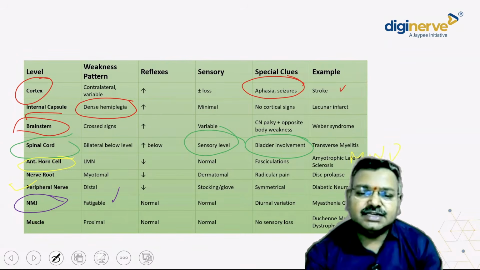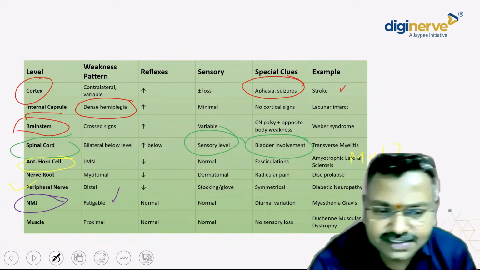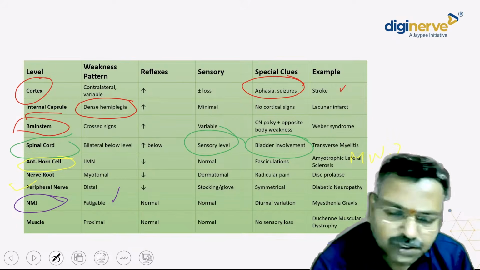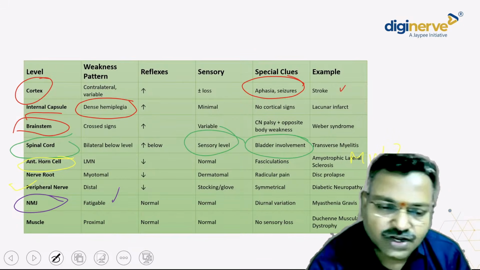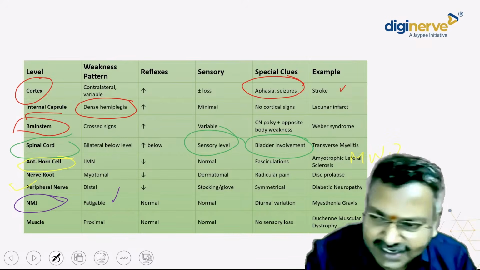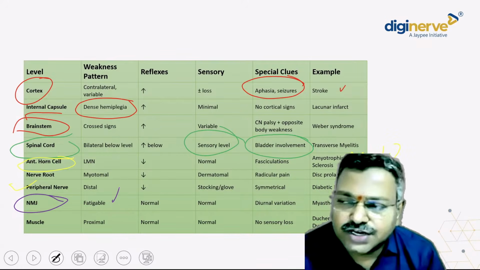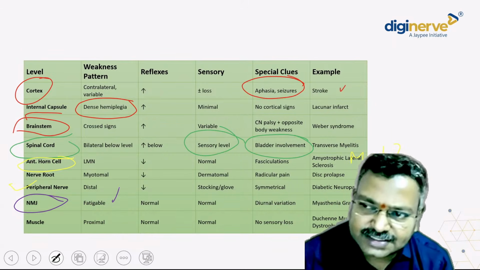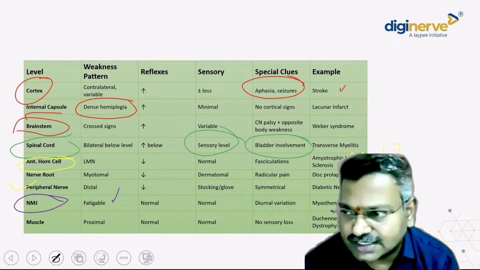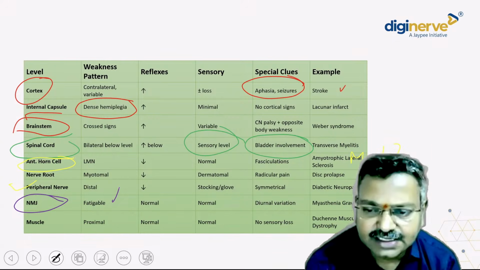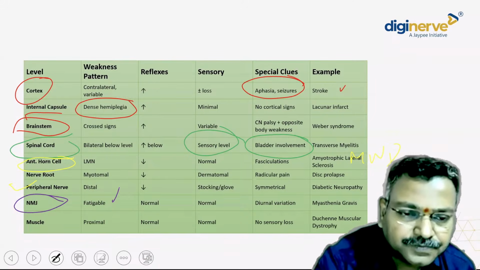Whenever you have a muscle disease, it's a pure motor disease, proximal predominant, and reflexes are usually preserved. You could have a myopathy, a myositis or a muscular dystrophy. So this is how, based on the clinical scenario, you can localize what sort of disease we are looking at. Is it a myopathy? Is it a spinal cord disease? And then we can give an example of what type of disease they have. We'll be discussing a few of these in the future slides.